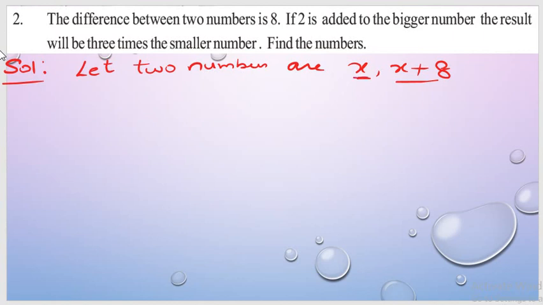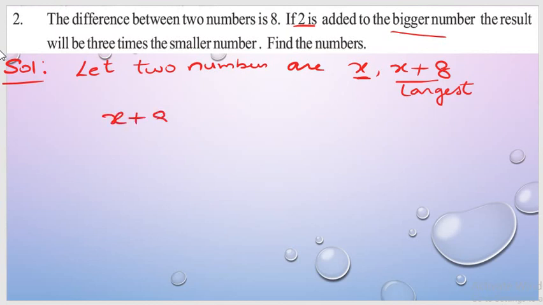So obviously among these two numbers, this will be my largest number, right? Because for this x I am adding 8. So this is my largest number. Next, what he has given, if 2 is added to the bigger number, so to this bigger number if I add 2, so what will I get?